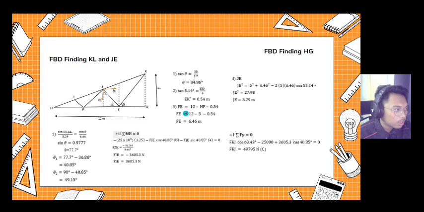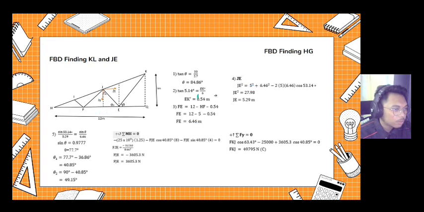So FE, we want to find FE equal to 12 minus HF minus 0.54. Before that we had got HF 5. So just insert that, 12 minus 5 minus 0.54. We got FE, this one 6.46 meter.